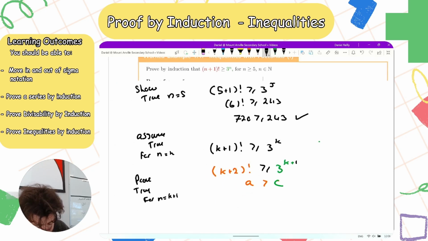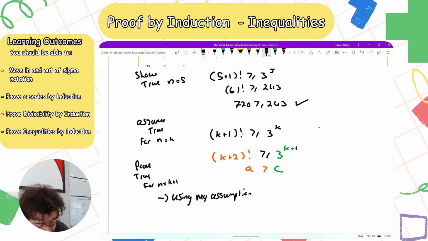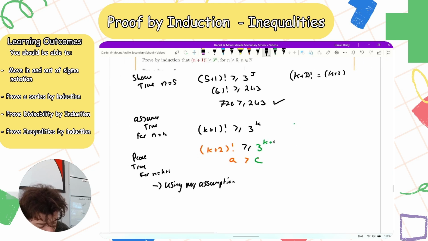Now, using my assumption, (k + 1) factorial is greater than or equal to 3 to the k. Well, (k + 2) factorial, if you remember, will just be (k + 2) times (k + 1) factorial. So I'm going to use my assumption and multiply the left and right hand side by (k + 2).